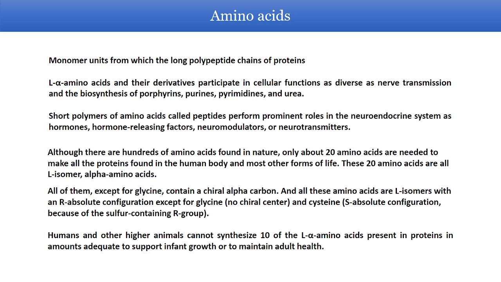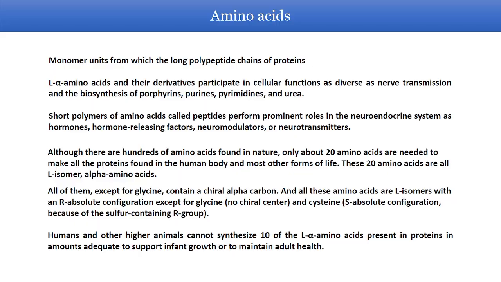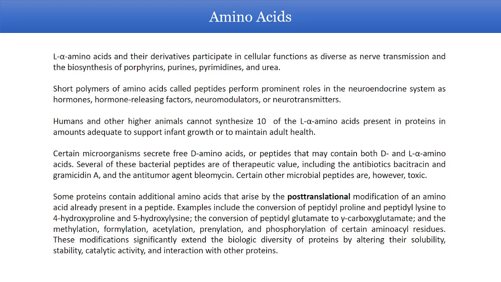Now, humans and other animals cannot synthesize 10 of the L alpha amino acids that are present in proteins in amounts adequate to support infant growth and to maintain adult health. However, you will see that certain microorganisms secrete free D amino acids or peptides that contain D and L alpha amino acids.